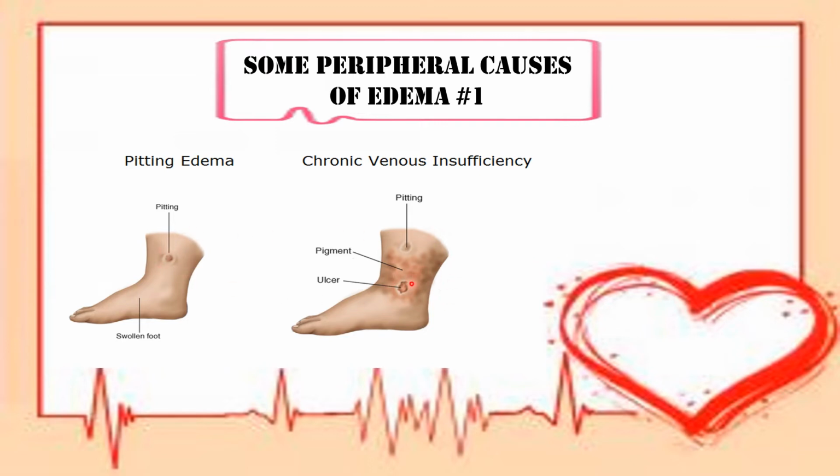So here there is skin thickening, especially near the ankle. So the ulceration, brownish pigmentation, and edema in the feet are common. So this usually arises from chronic obstruction and from incompetent valves in the deep venous system.